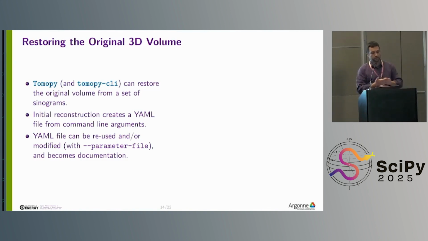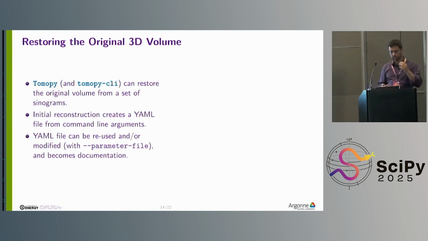The library that does this, one of many, but the one that we used, is called TomoPy. This was written by Doga Gursoy and collaborators at Argonne, and it basically is a set of tools that does that inverse reconstruction.